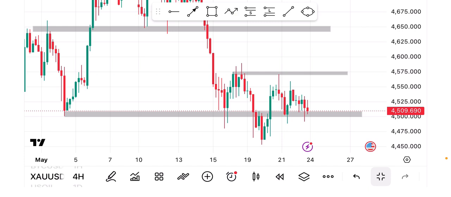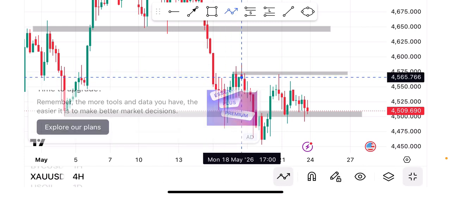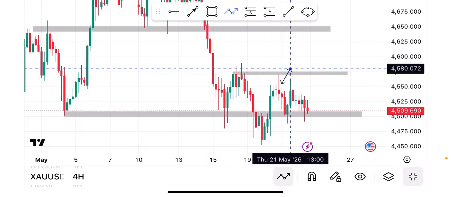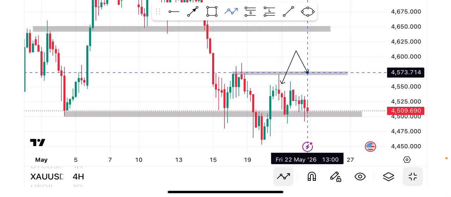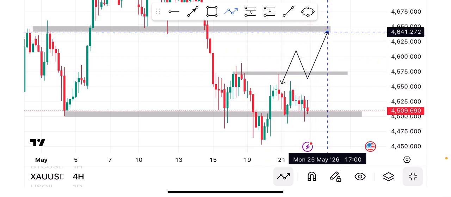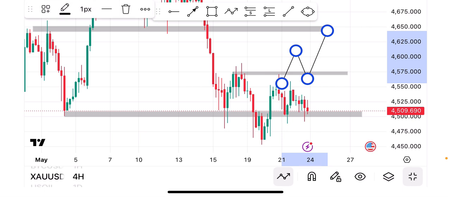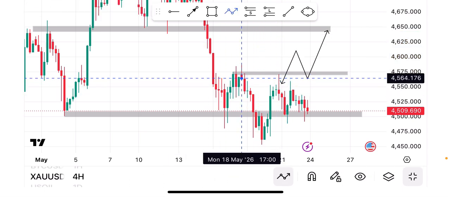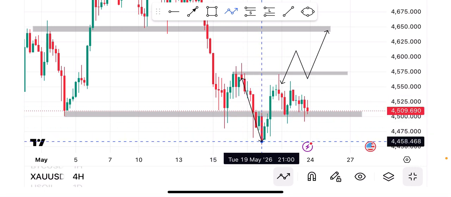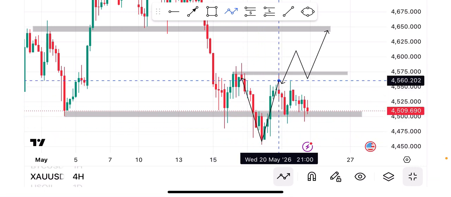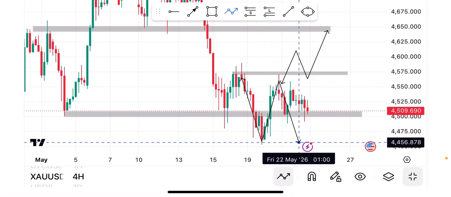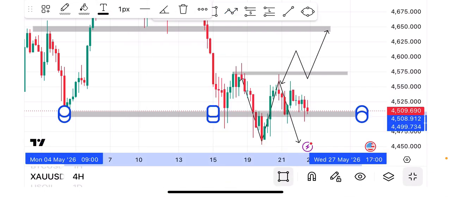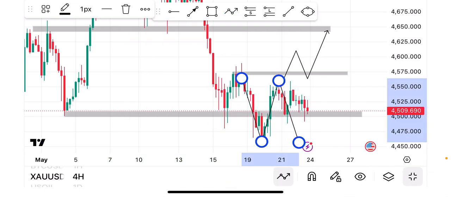But what you want to do is wait for price to break the swing high, give you an indication, a correction, and continue to the upside. Or, on the other hand, just as we see here, break the swing low, give us a correction, and then sell to this low. Just the same ICC method, okay? So that's what you want to do.